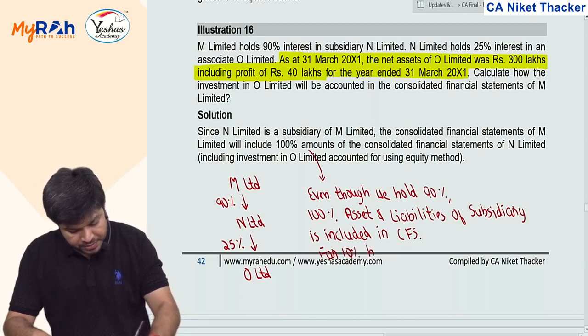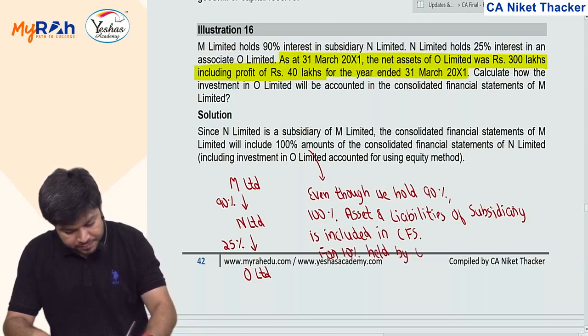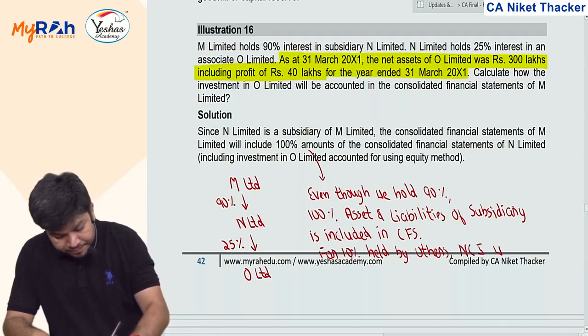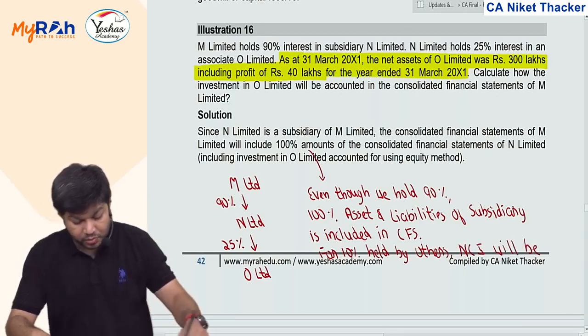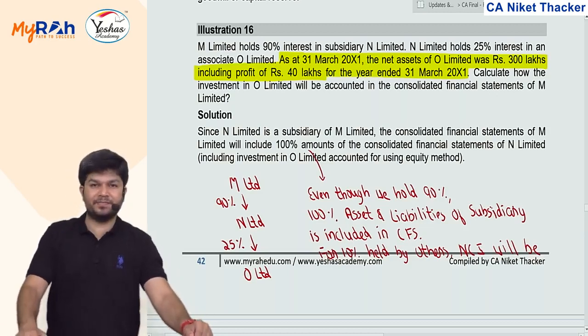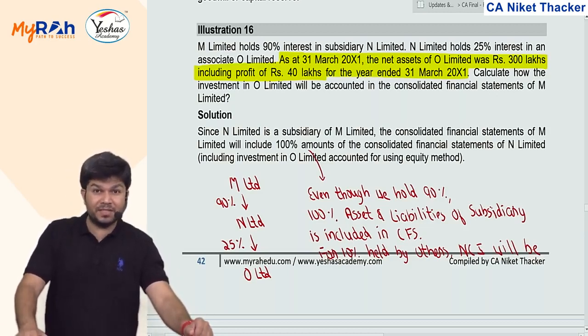For the 10% held by others, NCI will come. So their 100% asset will come in our books.